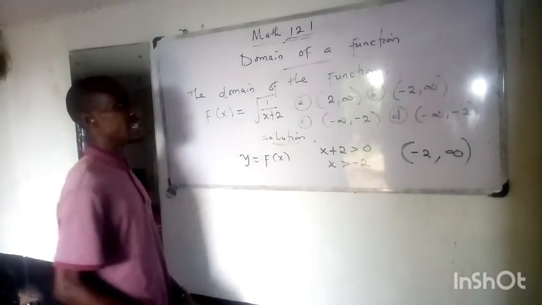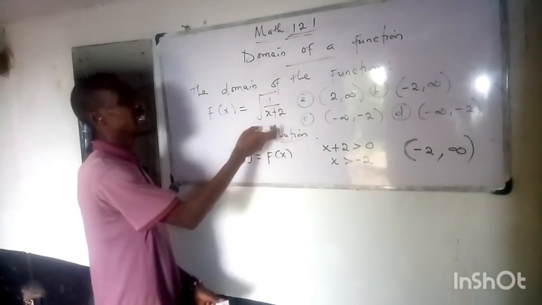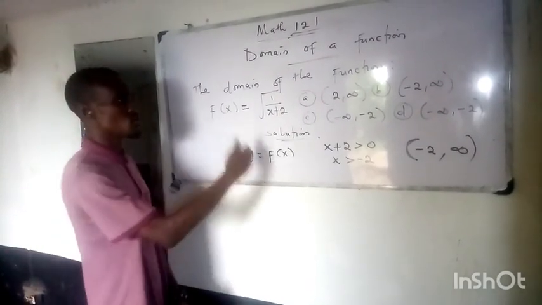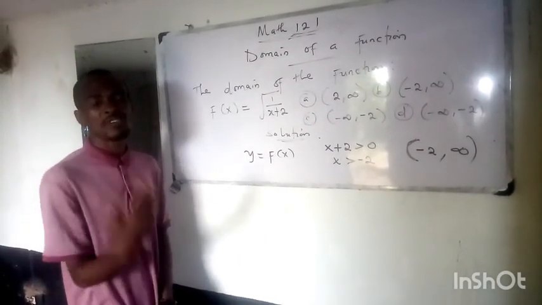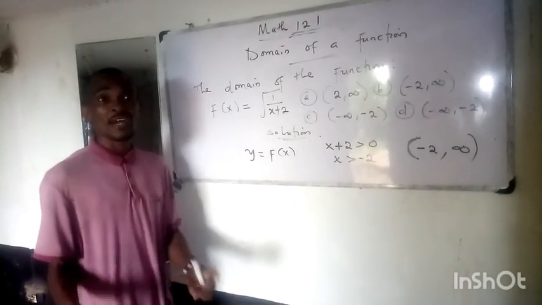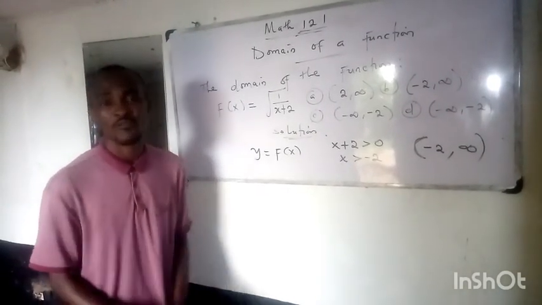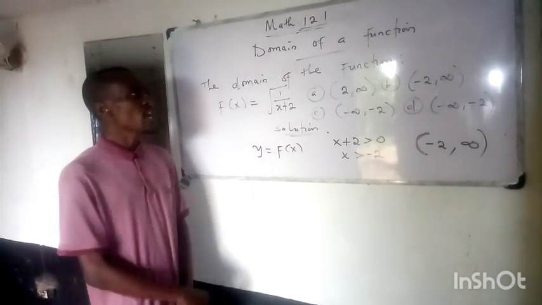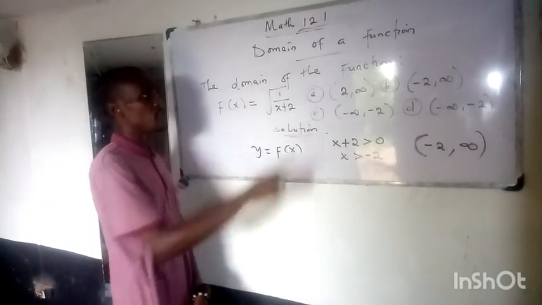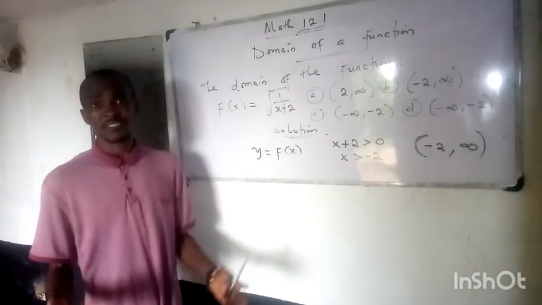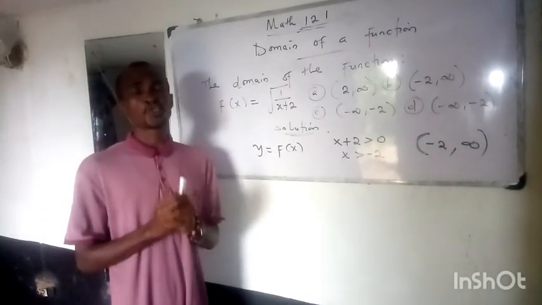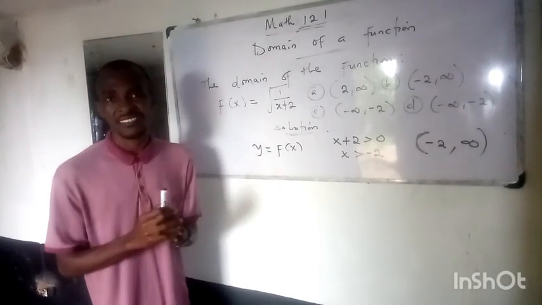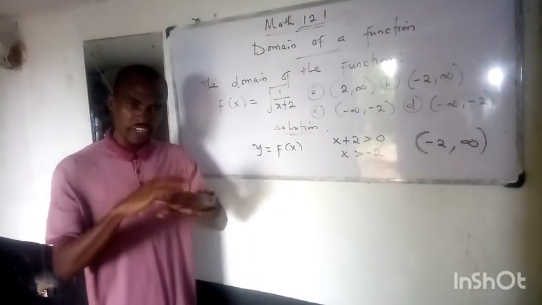So what is so important here is to understand the kind of function you are dealing with. When it comes to a rational function, it's good to always test the idea that no rational function should have a denominator of 0. Also important is to know that if this is a square root function, then we know in mathematics that there are no roots for a negative number within the real number line.